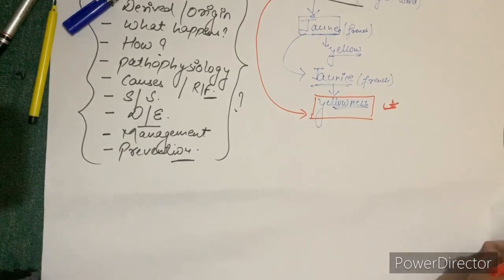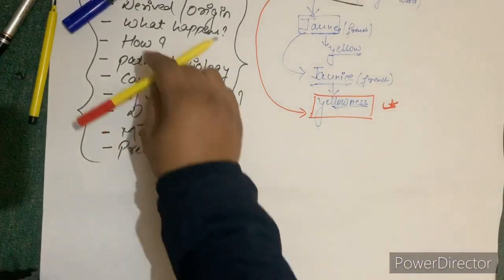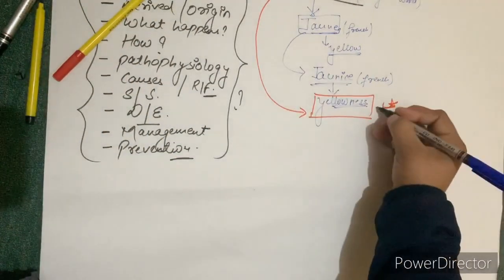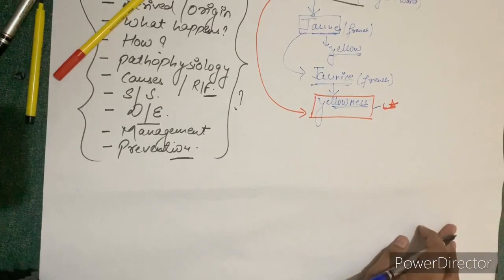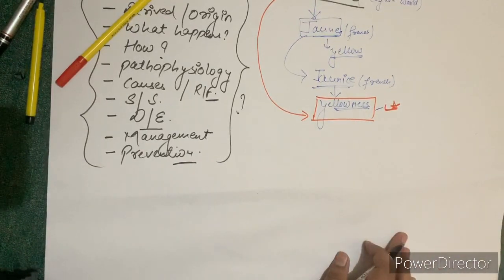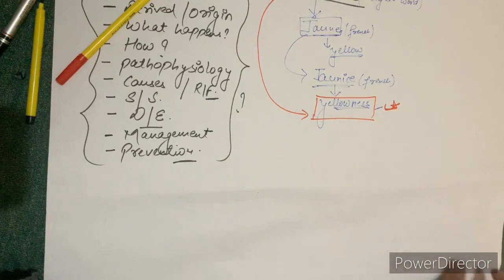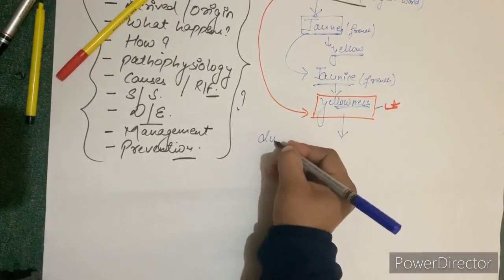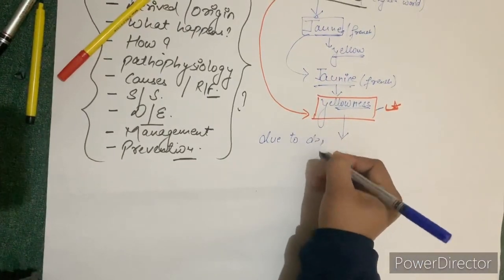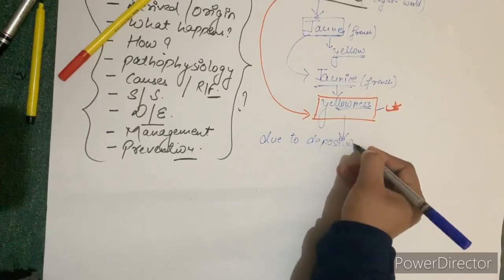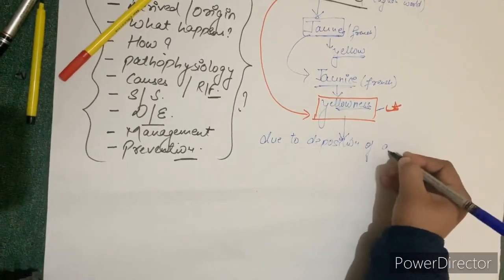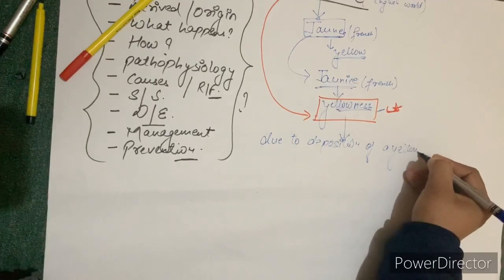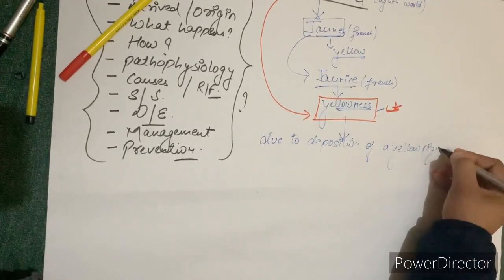So now we study how this yellowness occurs, why it occurs in our body, what is the main cause of this yellowness, and where it occurs in our body. This yellowness is due to the deposition of a yellow pigment under the skin.